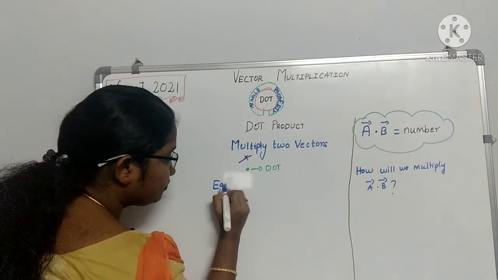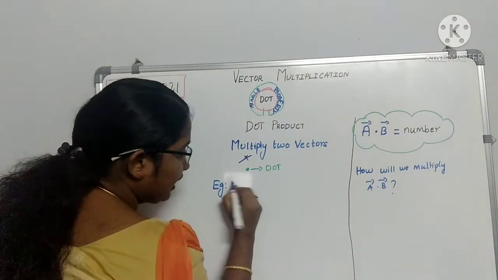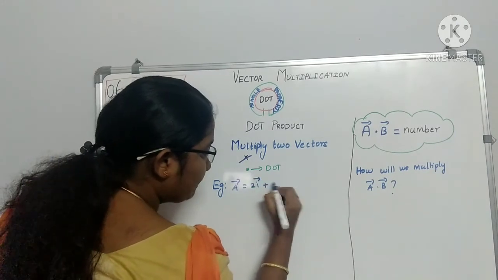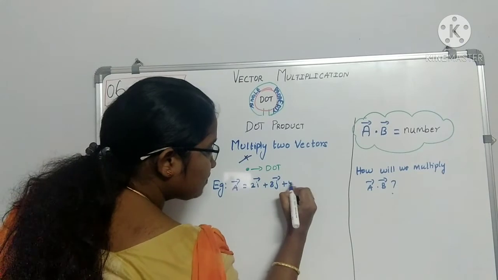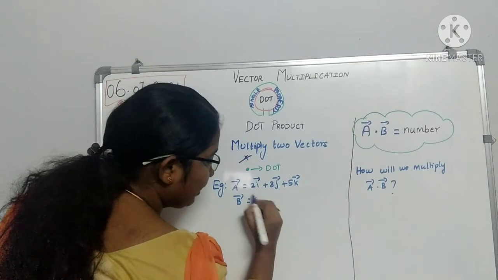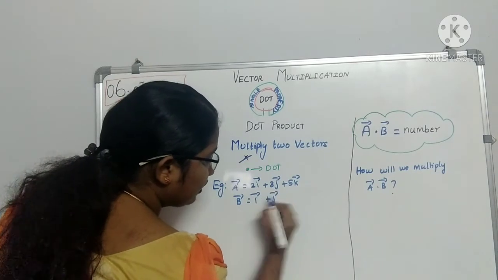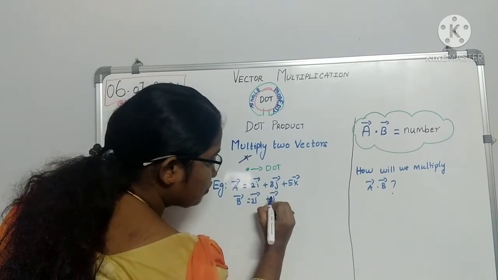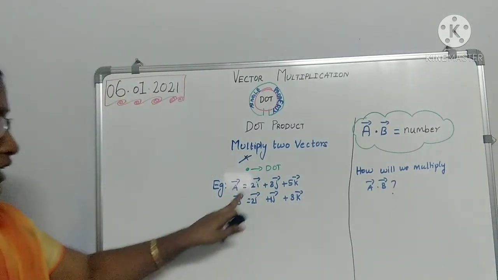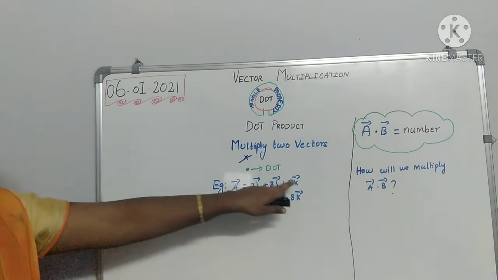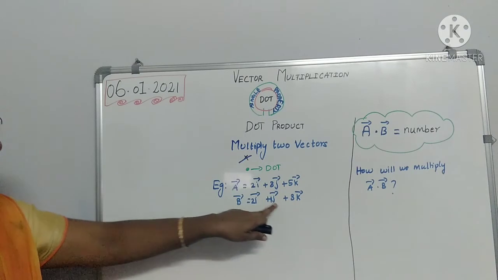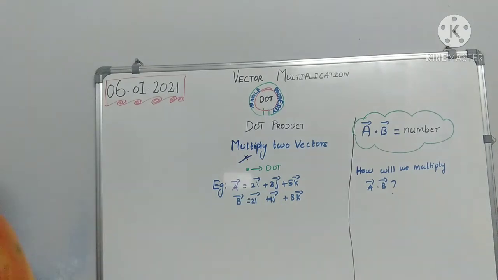Example, consider A vector is equal to 2I vector plus 3J vector plus 5K vector, and B vector is equal to 2I vector plus 1J vector plus 3K vector.